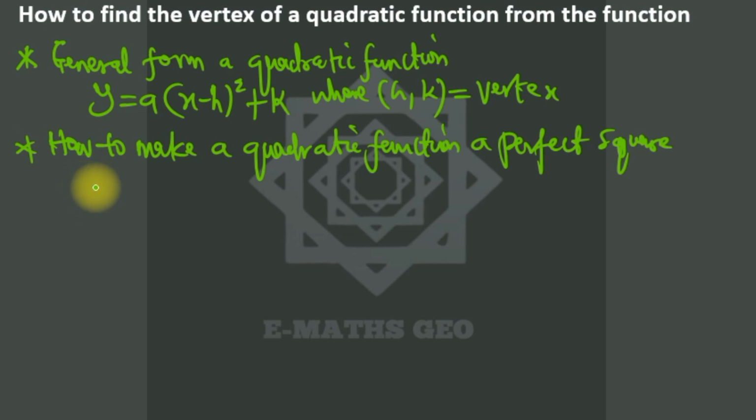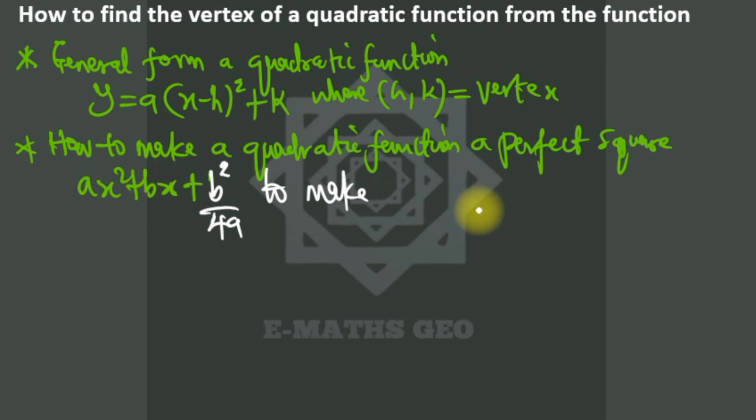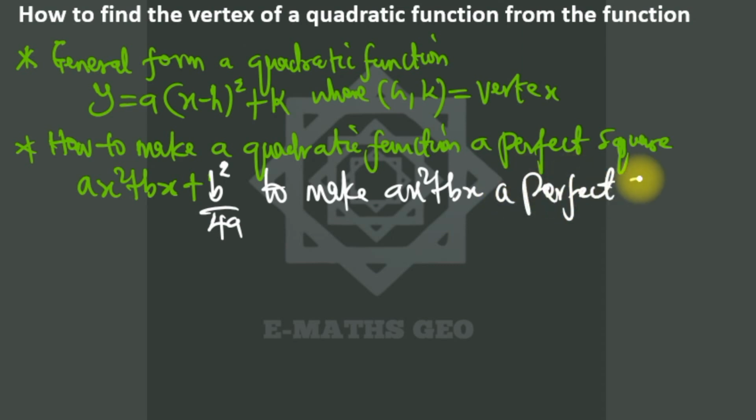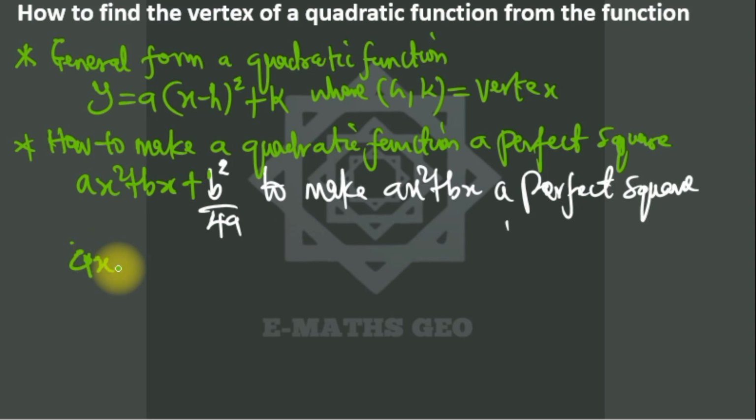So assuming you are given a quadratic function, ax squared plus bx, we always add b squared over 4a to make ax squared plus bx a perfect square.